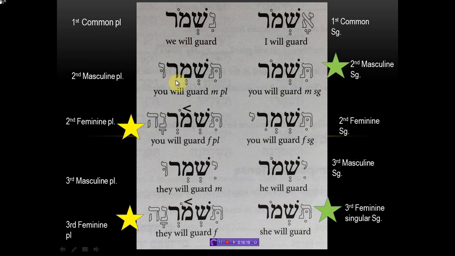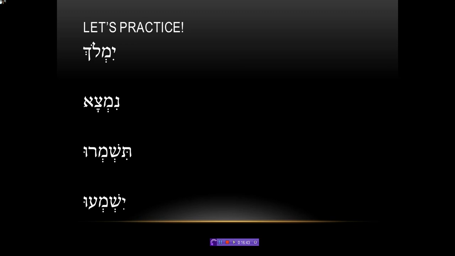Well, we have a lot of different forms with the letter tav in the front. We have here the second masculine plural, here the second feminine plural, and here the second feminine singular, and here the third feminine singular and the third feminine plural. So which one is it? Let's go back to our chart.